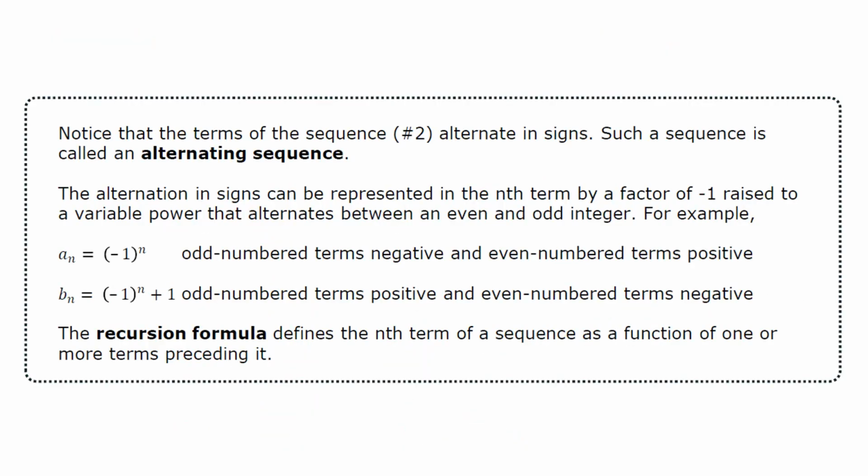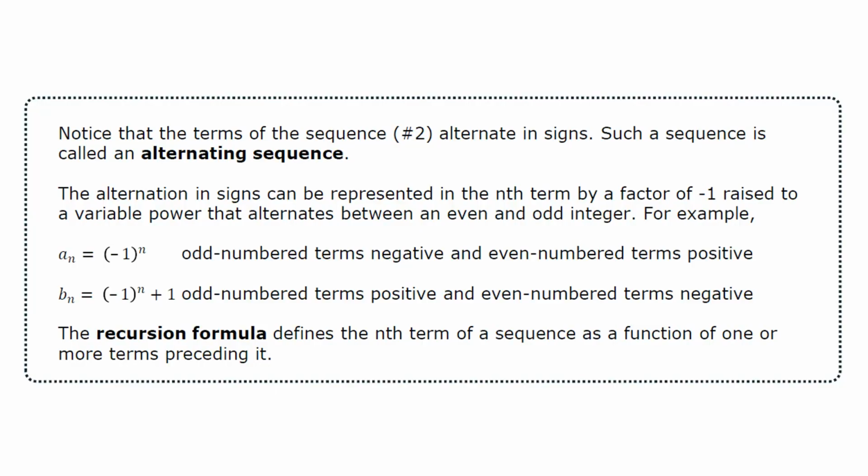So notice that the terms of the first sequence in number 2 alternate signs. Such a sequence is called an alternating sequence. The alternation in signs can be represented in the nth term by a factor of negative 1 raised to a variable power that alternates between an even and odd integer.